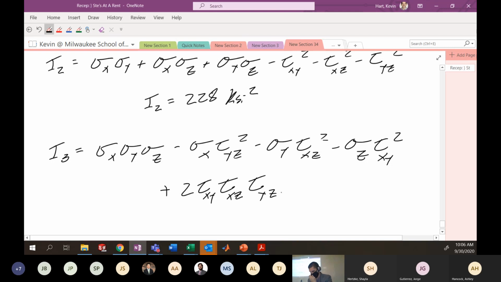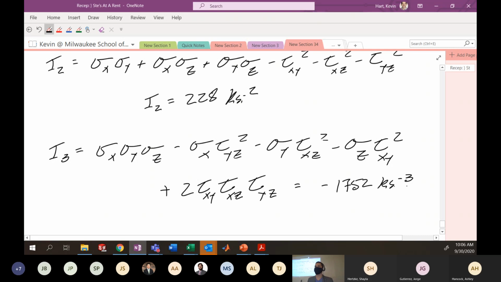Right. Punch all this in on your calculator. You will have a negative 1,752 KSI cubed. All right. So those are your 3 stress invariant values.